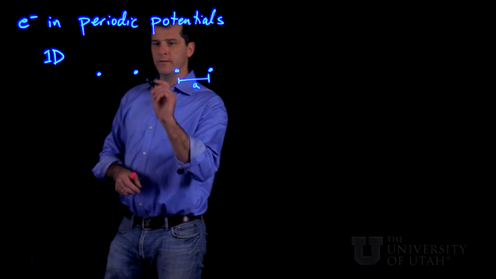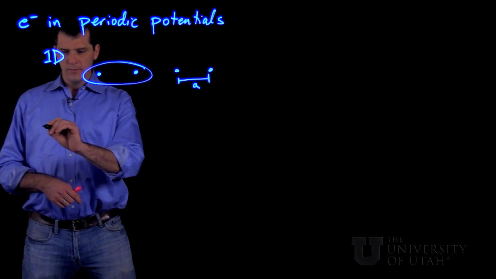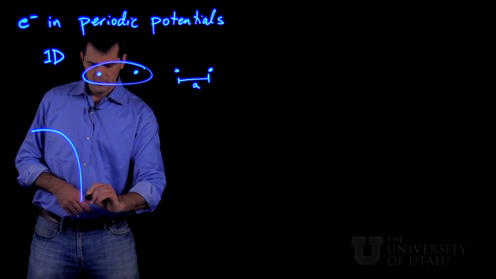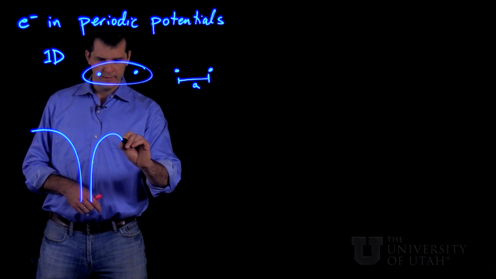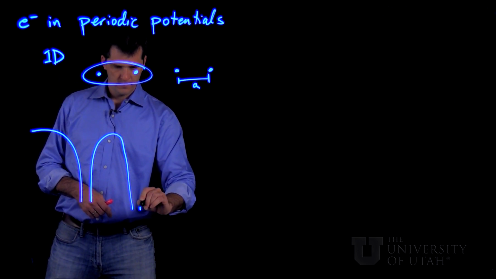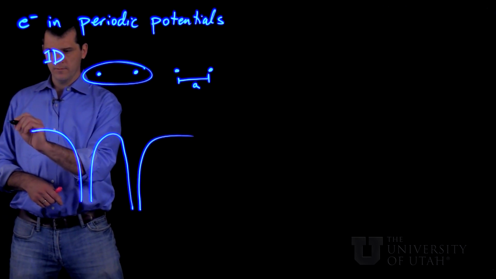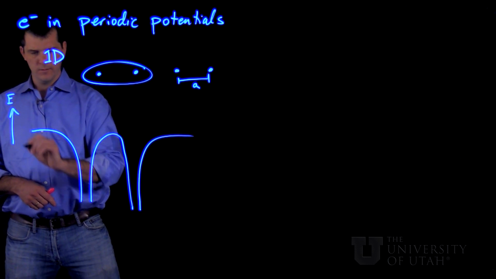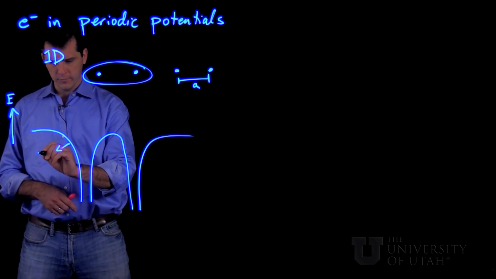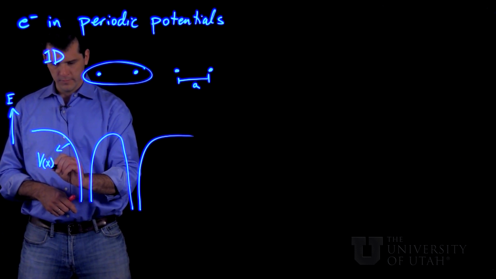So if we look at just these two atoms, we have these potentials added together. Here's our energy. And this shape here is the total V as a function of x.